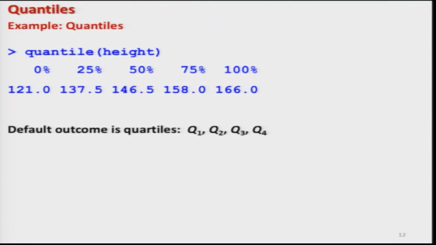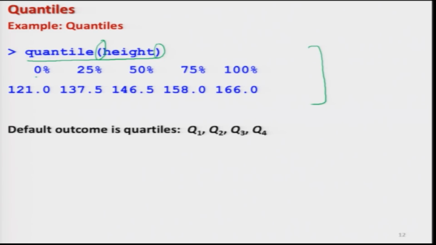So, when I say quantile and height, the height has to be the data vector which has to be given inside the argument brackets, and this is the outcome.